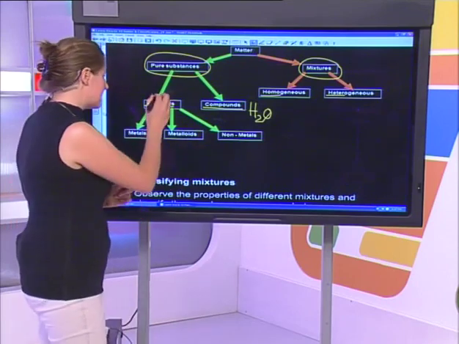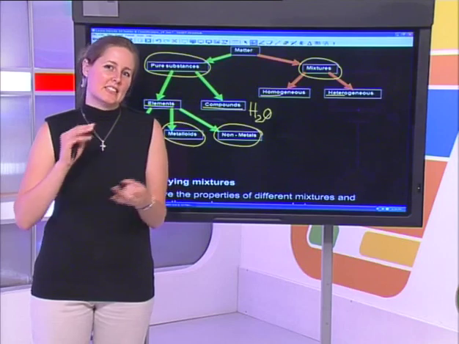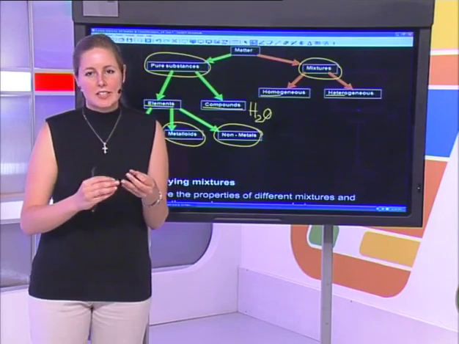So let's separate those elements on the periodic table. We've got metals and metalloids and non-metals. So metals have those metallic properties that you've looked at. They're good electrical conductors. They are good thermal conductors.